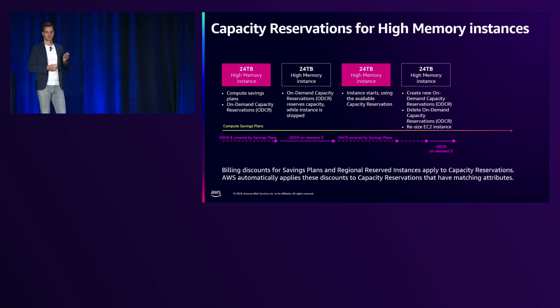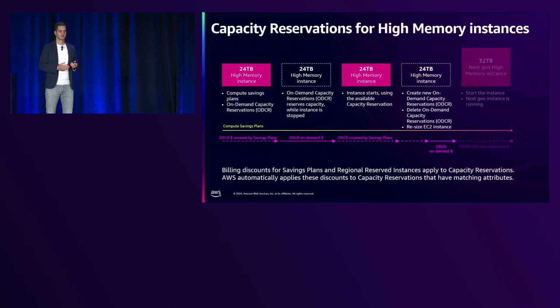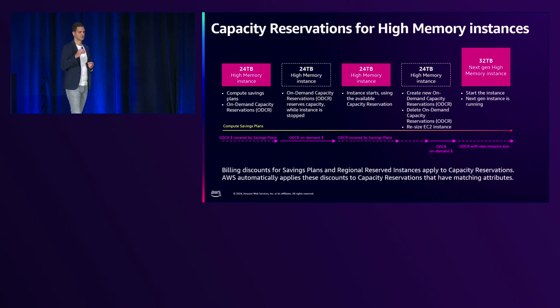Now, if you want to change the instance size, you create a new on-demand capacity reservation for your target instance size. As soon as this is successful, you can delete the old one. And then you do the instance resize, which I explained before with the stop and start procedure. And then you are on your new instance size, having a new capacity reservation in place.